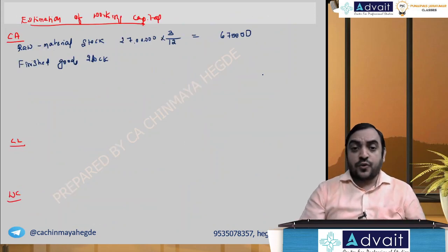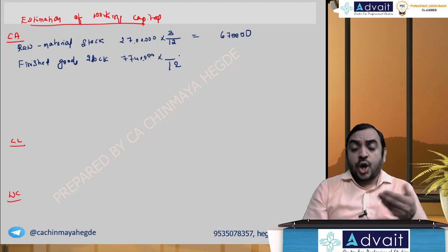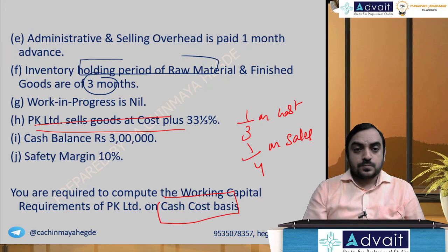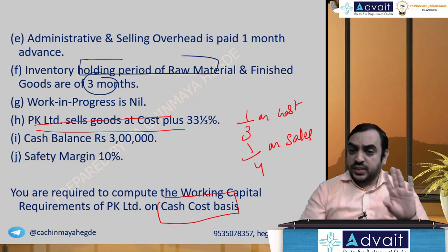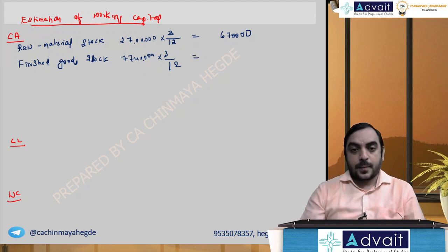I will use 77 lakh 40,000, which is for full year, for 12 months. And how many months will finished goods be kept in our stock? Finished goods also 3 months. So this also 3 by 12. 19 lakh 35,000.